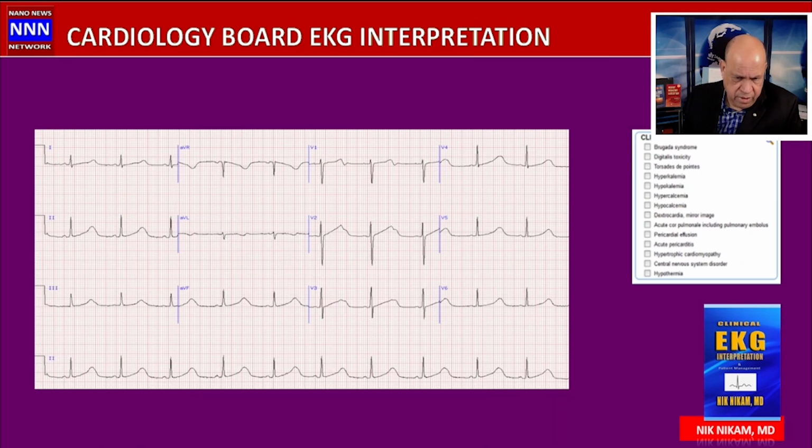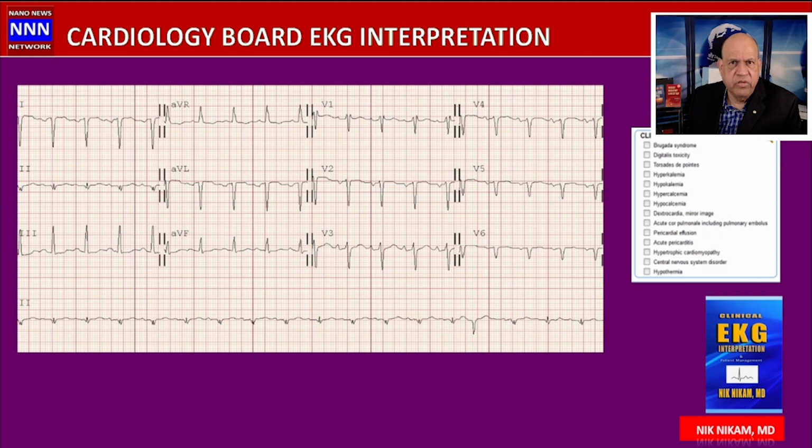Okay, and here is an example of a patient with hypokalemia. As we can see, there is flattening of the T waves. There are prominent U waves, which are causing a prolongation of the QT interval, and the QRS looks okay.